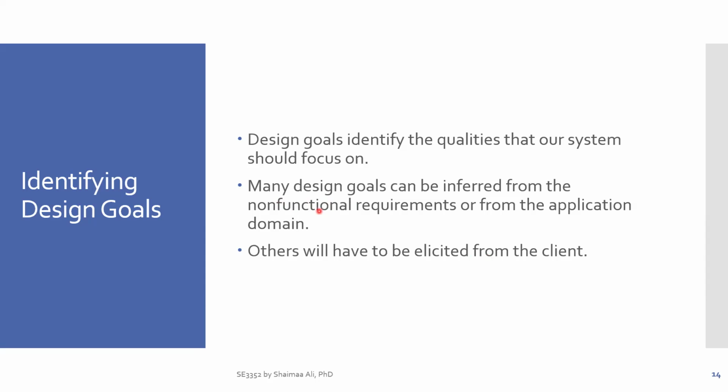So the requirements are one source of design goals. The general application domain, or how applications of that type are supposed to work, is also one source of design goals that you can derive from. And for others, you can just ask the client directly when they come up.